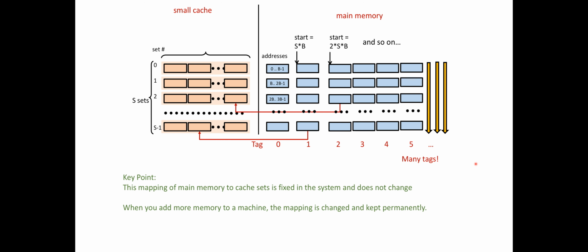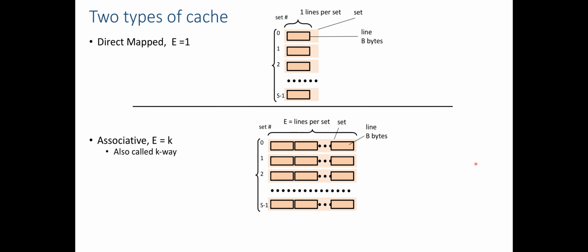Okay, now there are two types of cache. So one of them is where E is 1 and you don't have these backups. And then that looks like this. You just have a single line in each set. And then the other type is called associative cache. So when E is 1, that's called direct mapped.